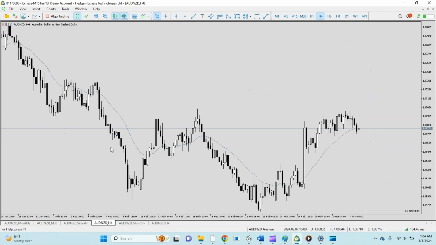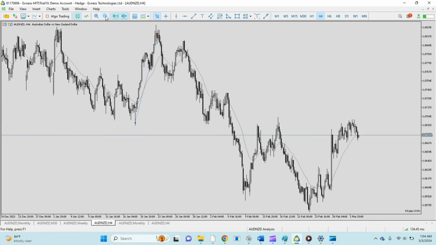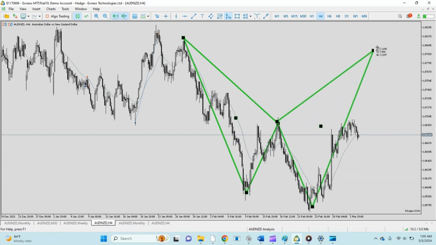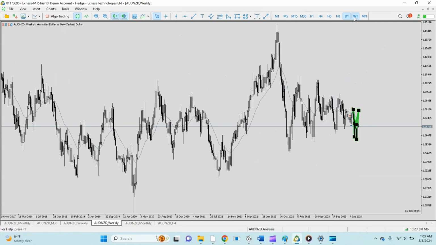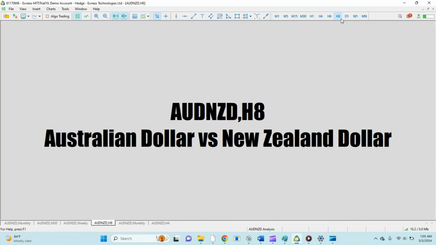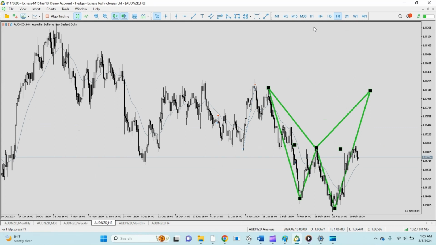So what's happening on the 4 hours? We have a harmonic, more of a big W. This is a pattern, and we check it with what we have in the weekly. You find that that is in harmony.